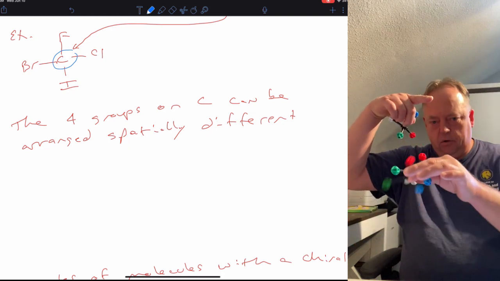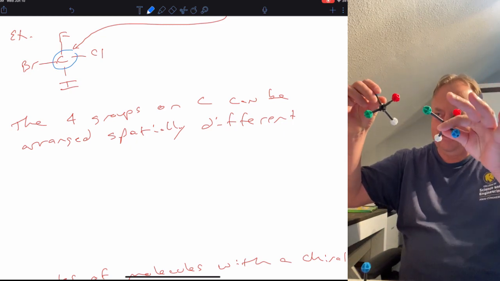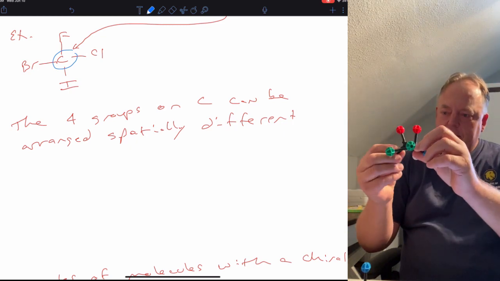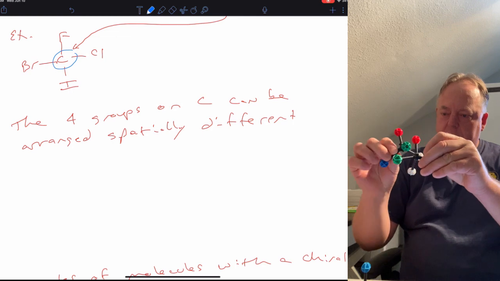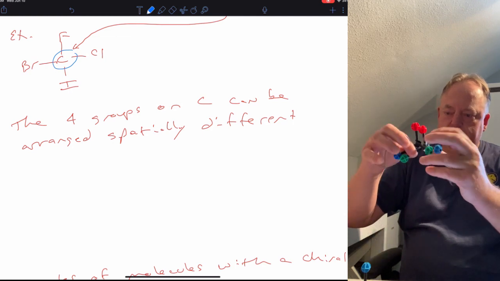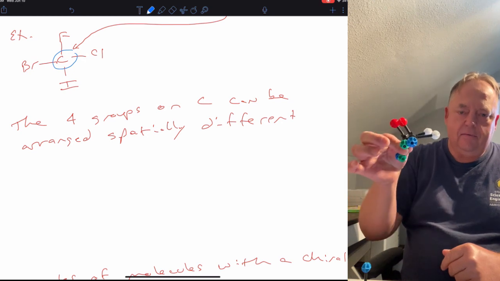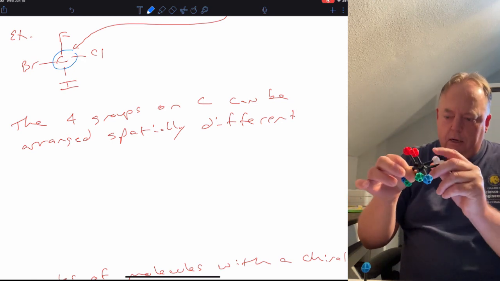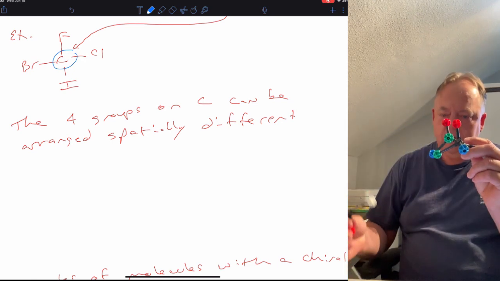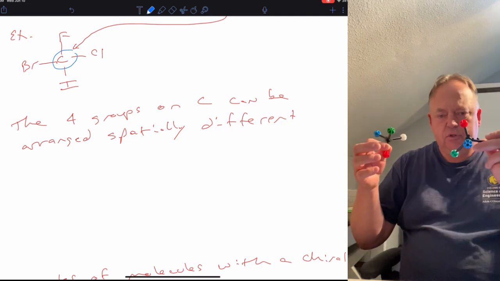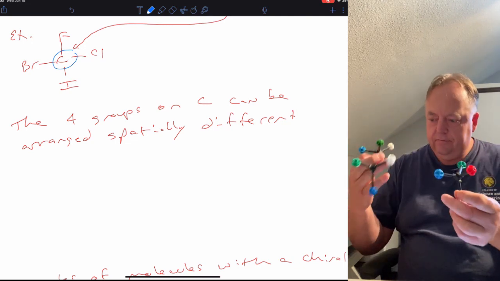I just dropped 1, no magic trick, right? Now you can see that if I line up two of the atoms, the other two are not going to match because it's a different molecule. So a molecule with one chiral center can have at maximum two different stereoisomers, right?